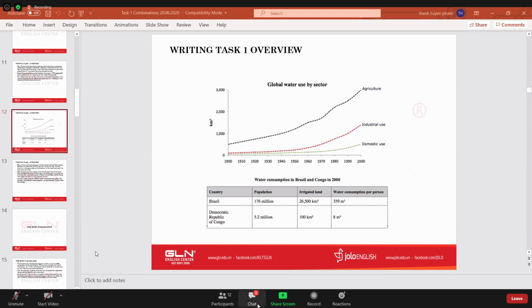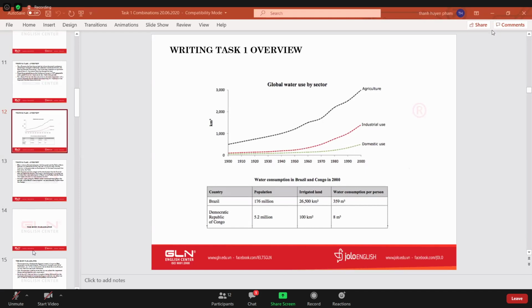Irrigated land, 26,500 square kilometers to 100 square kilometers, and water consumption by person, 359 cubic meters to 8 cubic meters. So there are really big differences in numbers.